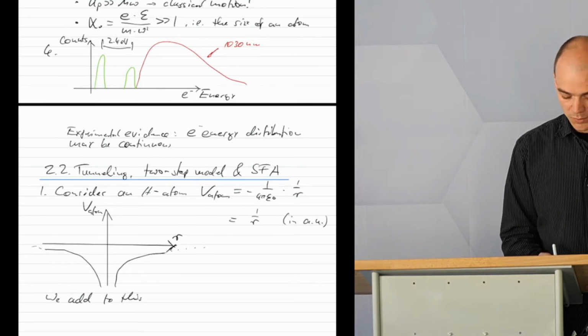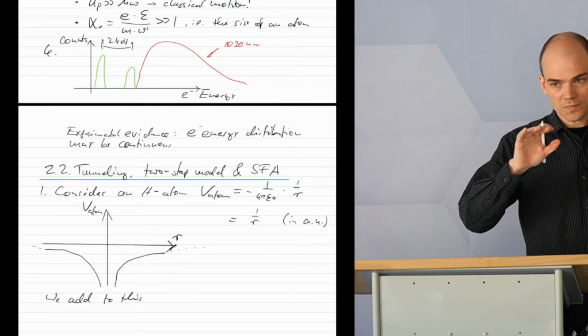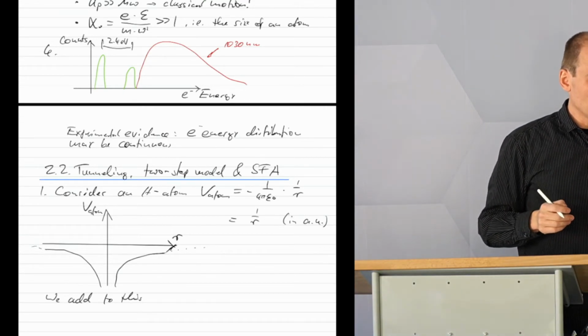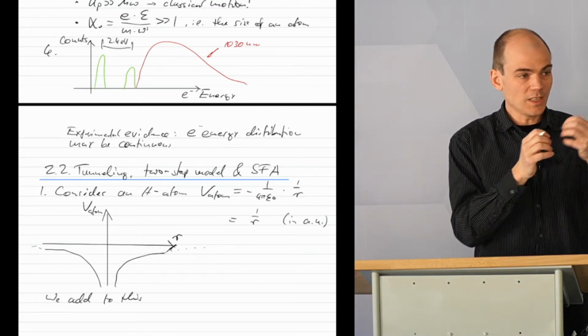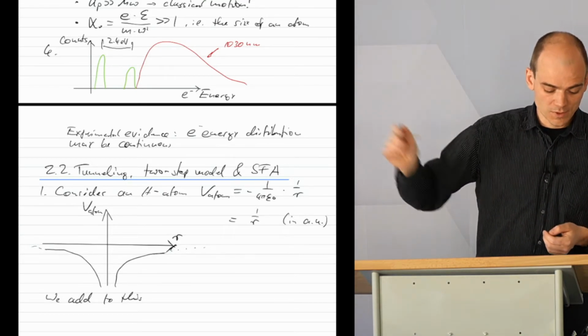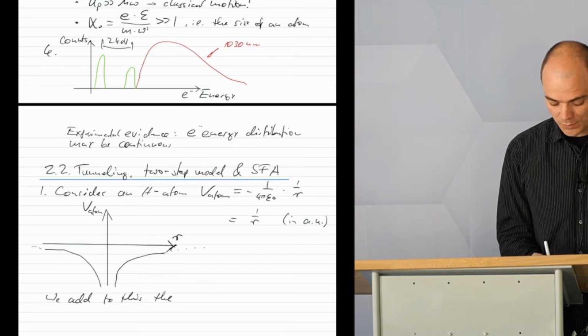And the potential of the laser is, so the wavelength of the light is of course much larger than the size of an atom, and therefore the laser field does not change on the spatial scale of the atom. And therefore the laser potential is very simple.